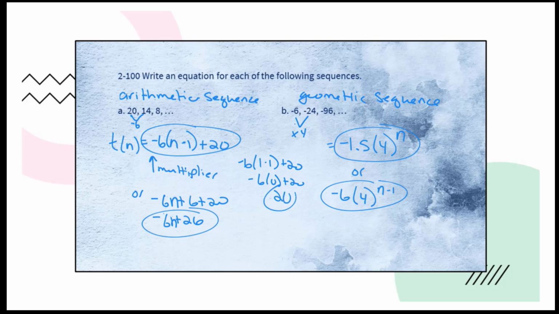Then the next one would be negative 6 times 2 minus 1, plus 20, which gives us 14. Then 3 minus 1 would give us 8. But you can also distribute the negative 6 to both terms, right here and here, and you get this equation down here. Then you combine like terms and you get negative 6 times n plus 26.